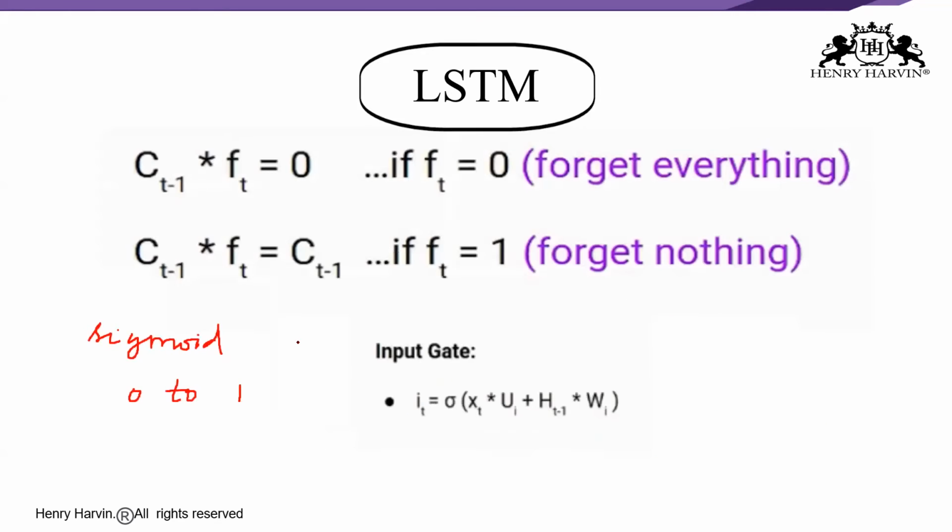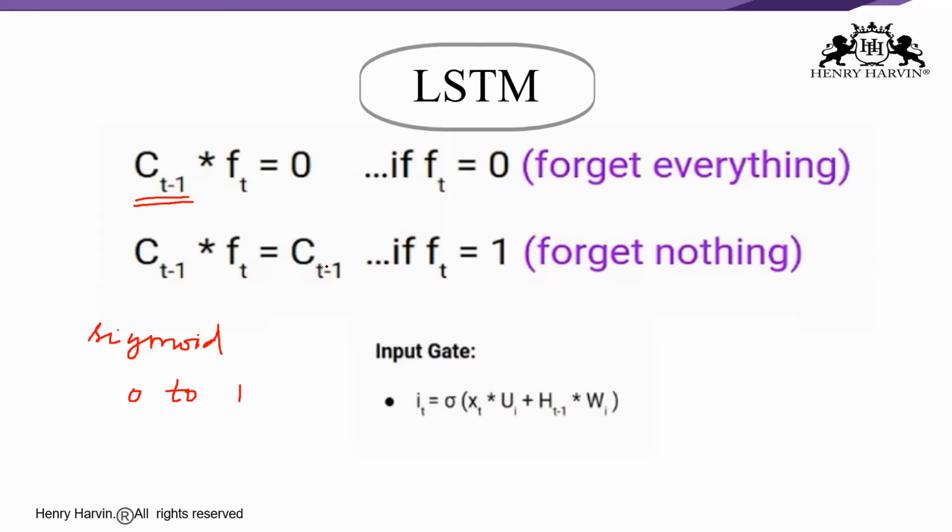So now this Ft is being multiplied with the cell state of the previous timestamp, right? So we get Ct minus 1 into Ft, right? So like this is what we are getting. If Ft is equal to 0, forget everything.